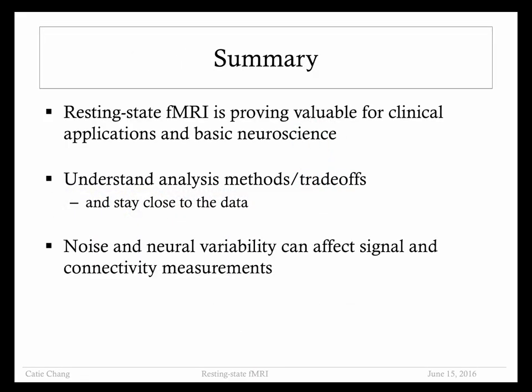So as a summary, resting state fMRI is now a very big field and proving valuable for a lot of applications. There are lots of methods. We barely scratched the surface of what's out there and the ways people are looking at this. It's important to be aware of their trade-offs and then try to stay as close to the actual data as you can to really understand things and look at time series a lot.